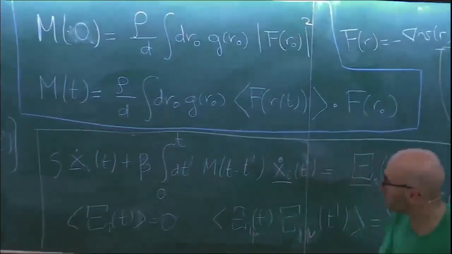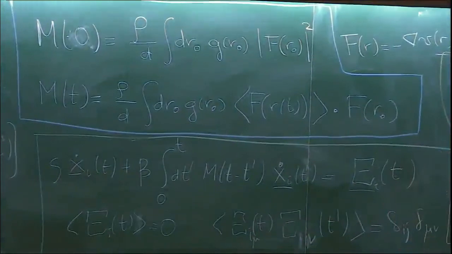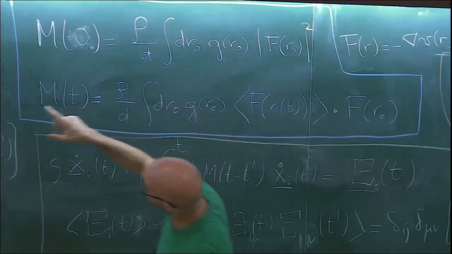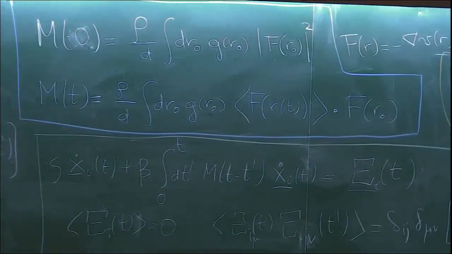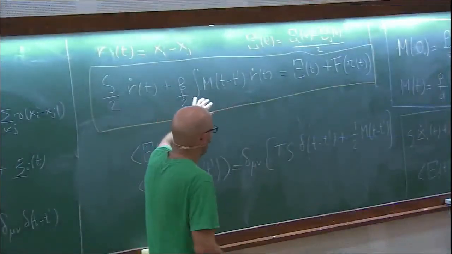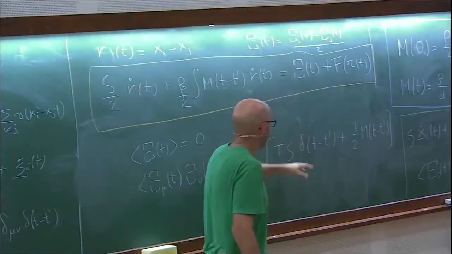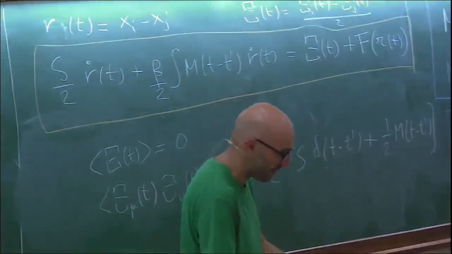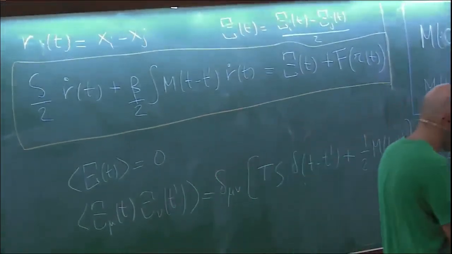So if I want to solve these equations and get M, I should do the following. I choose an r0, as I want. Then I run this process starting from r of t equal to r of 0 at time 0. I run this process many times with different noises and with some M. I start with a guess for M, I do it self-consistently.